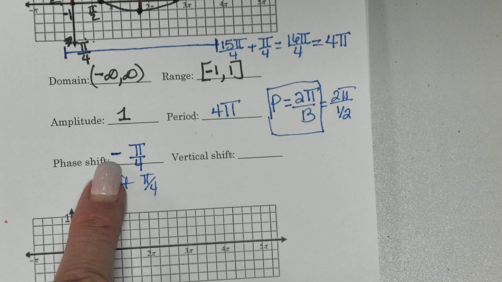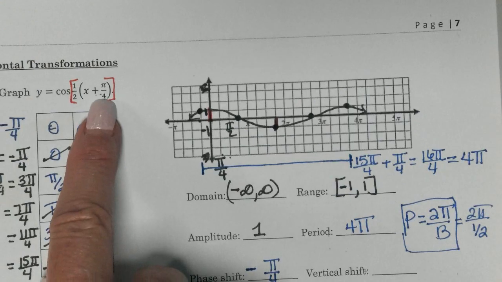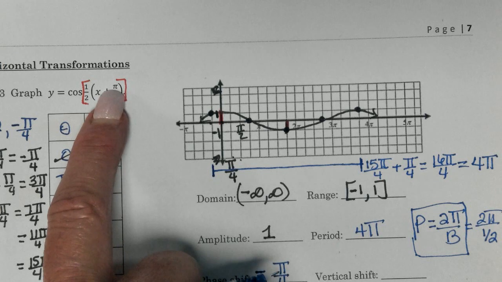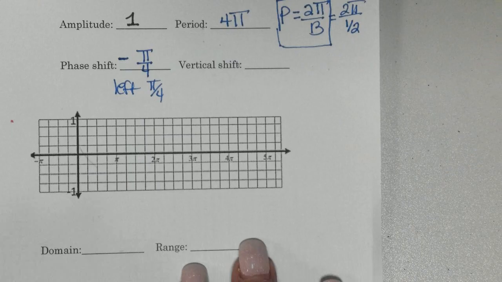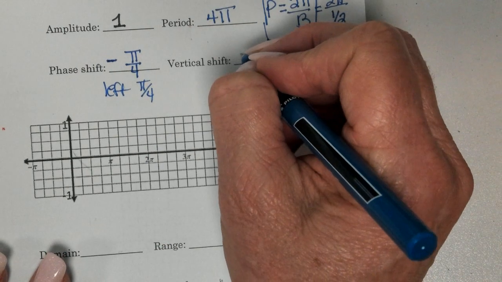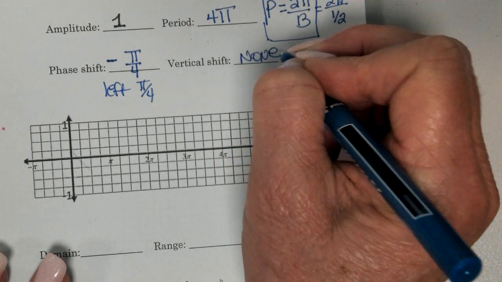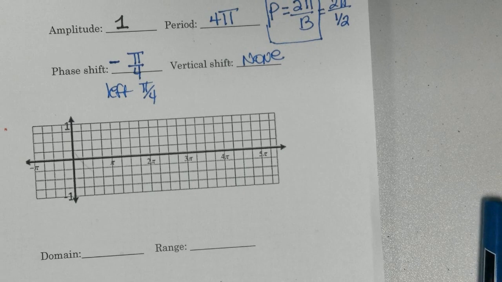Does that make sense? If you leave it as pi over 4 because this is positive right here, that's not the direction we moved. All right. And did we have a vertical shift? Nope. That is none. Okay, so we are going to pause there.